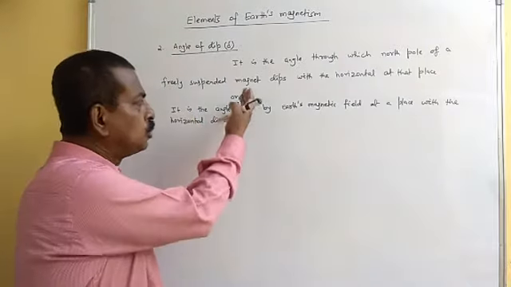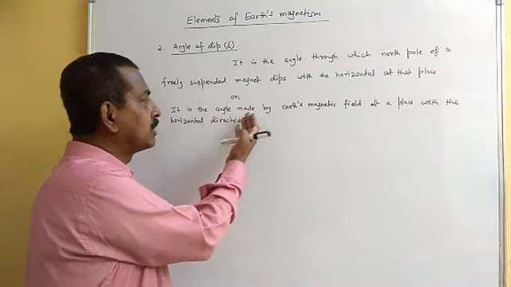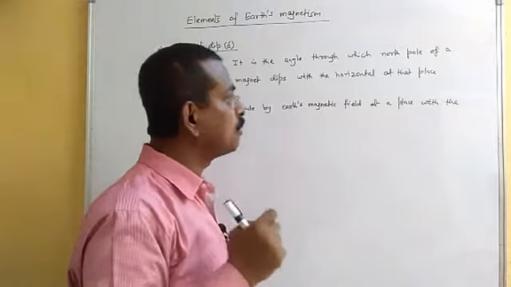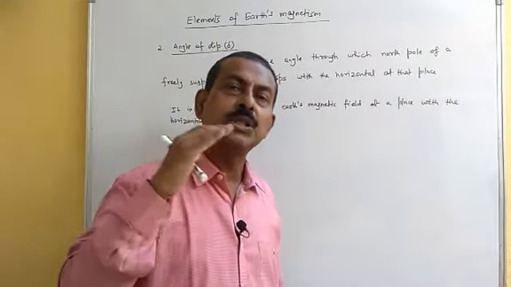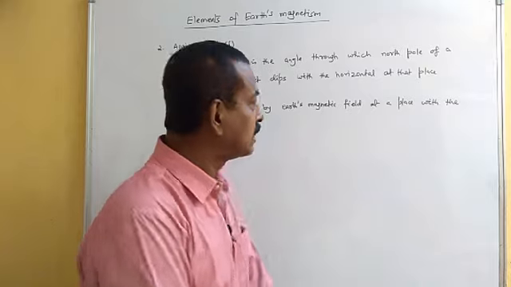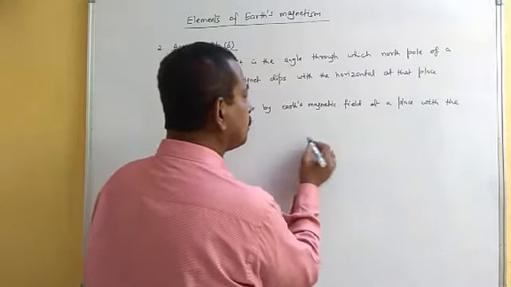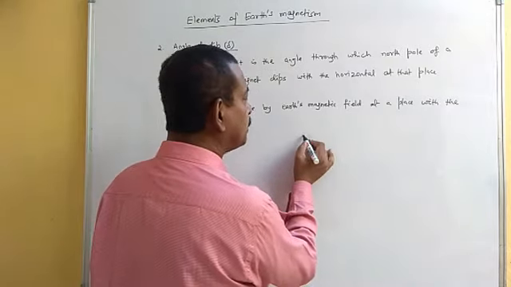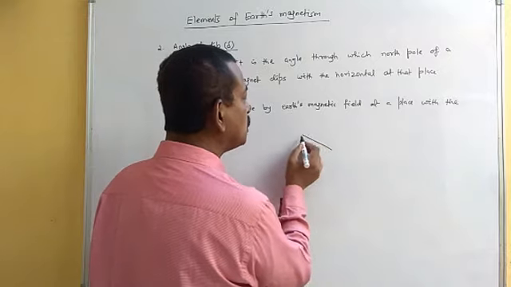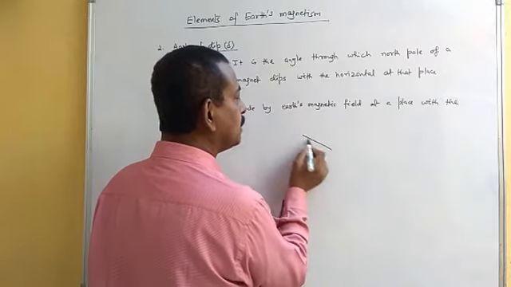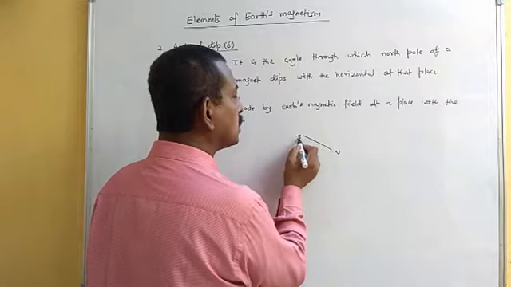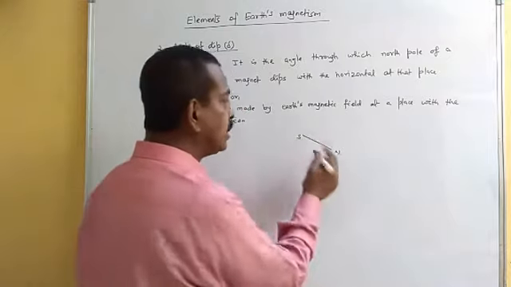Similarly, you can define it in other words: it is the angle made by the Earth's magnetic field at a place with the horizontal direction. Suppose we take a freely suspended magnet and this one is inclined like this. That means this is the north pole, this is the south pole. It is dipping with the horizontal.